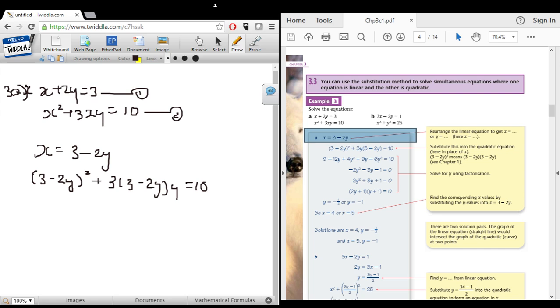Then they've expanded it, so they've attained this particular number of terms, and again they've simplified it, so that they end up with a quadratic equation with y being the unknown.